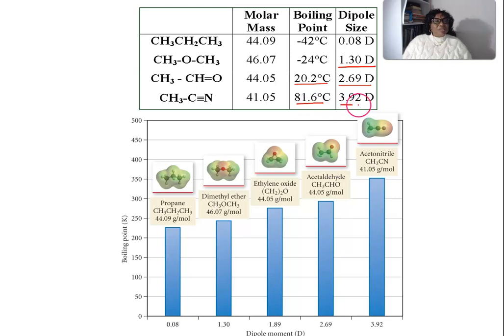All because of the presence of the dipole moment. Because these molecules are polar, they tend to attract themselves strongly. So that is how dipole forces keep molecules attracted to each other. You can see the reflection in the boiling point.